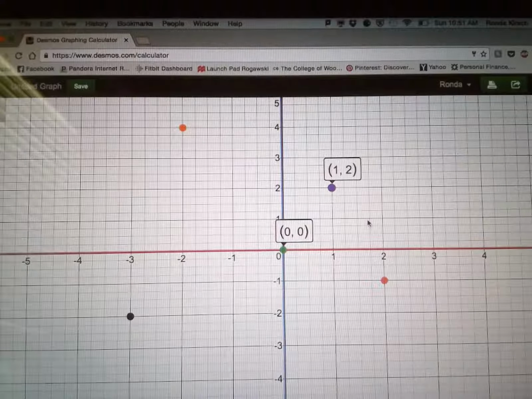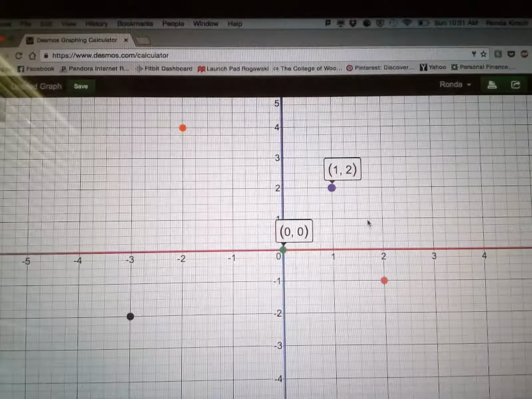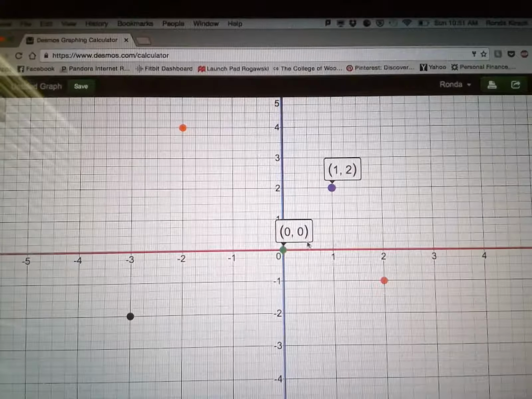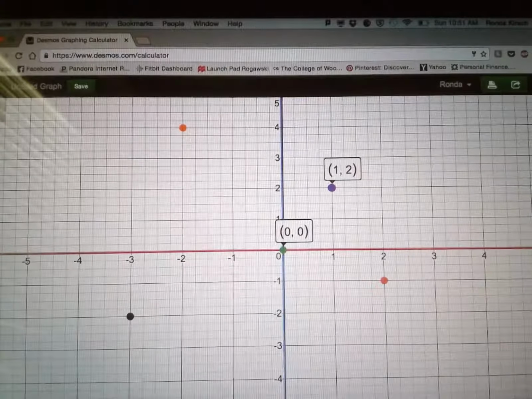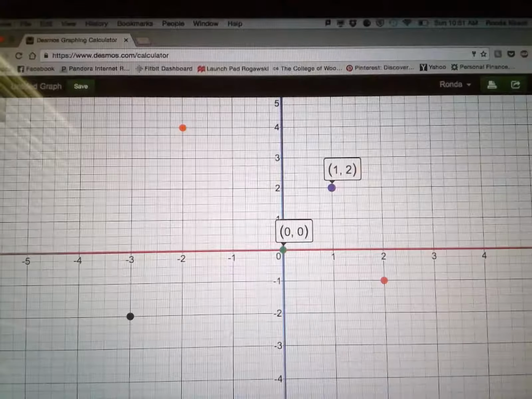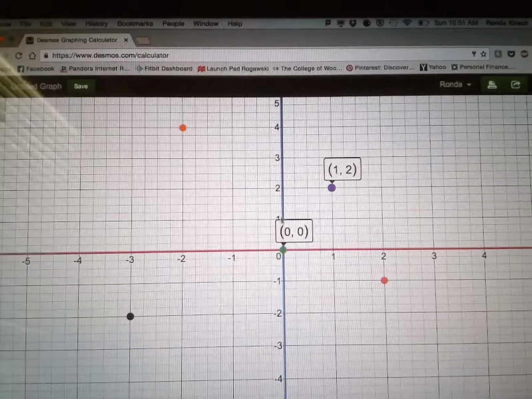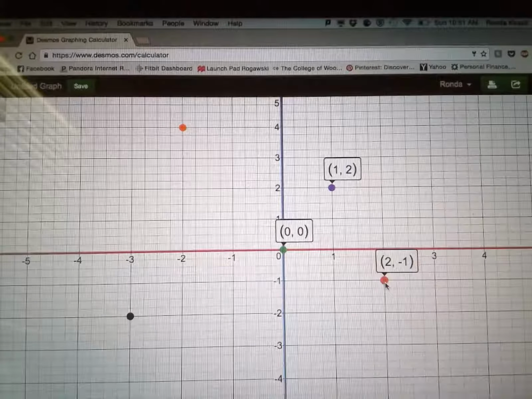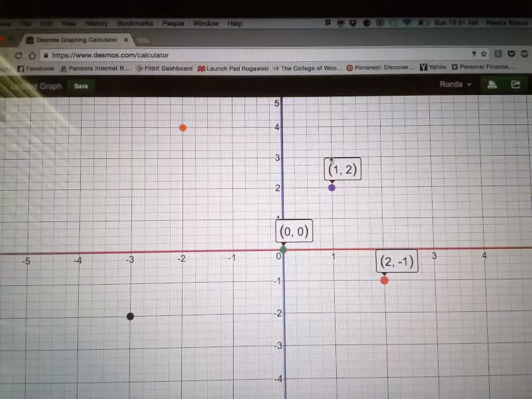Okay, so each one of these dots corresponds to an ordered pair, and we write them alphabetically, so it's always x comma y. First of all, let's talk about the x-coordinate. The x-coordinate is the directed distance from the y-axis. When I click on these 2 points on the right-hand side, my x's are both positive.